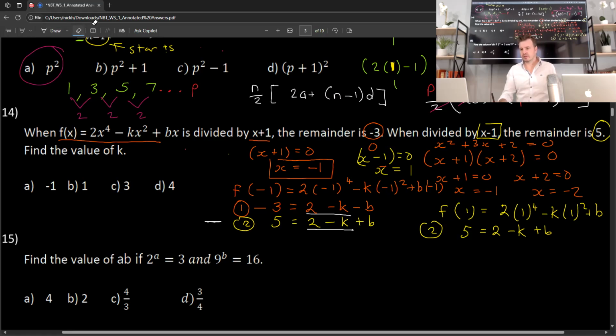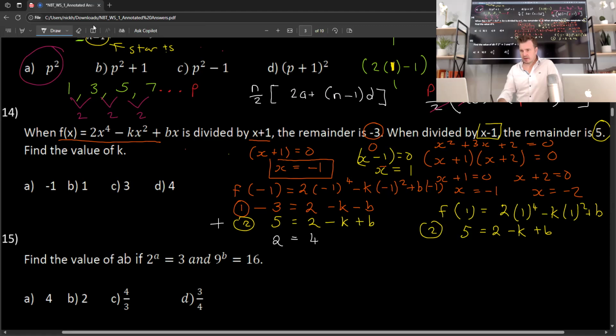Now, if it was a matric question and they wanted you to find both k and b, you would simply subtract. In fact, I'm glad we did this because I want to show you the other technique. If I wanted to get rid of the b's in order to be left with k's, what I could do is just add these together, right? Because minus b plus b goes away. So let's add them together. Minus 3 plus 5 is 2. 2 plus 2 is 4.